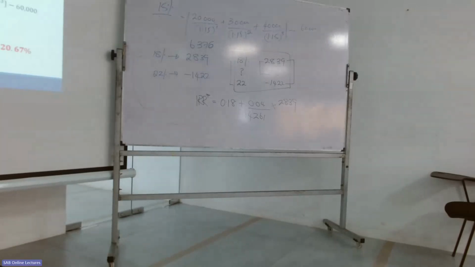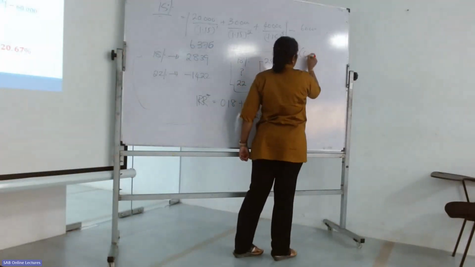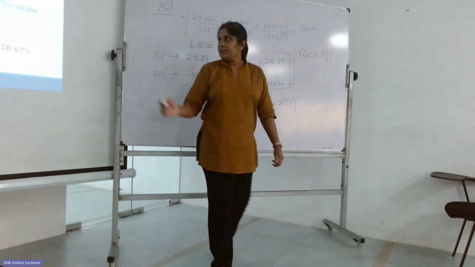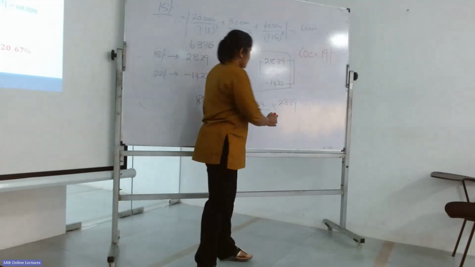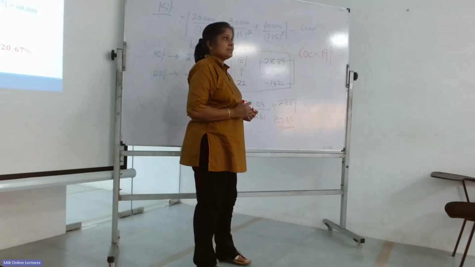Now, suppose this project's required rate of return is 19%. What is your decision? The project cost of capital, or required rate of return, is 19%, and this is our IRR, 20.6%. Do you accept the project?